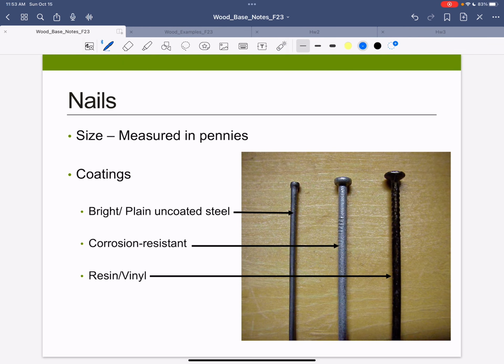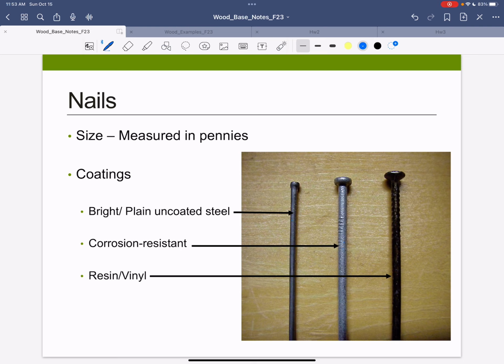Well, size, yeah, we already talked size. They're measured in pennies. So you'll have either a bright nail, which is uncoated and plain, or you can have a zinc coated nail, a corrosion resistant nail. That's basically galvanized. Zinc coating is galvanized coating. And then you'll see, particularly for decks, the resin or vinyl, although we use more of the resin or vinyl screws in those cases.